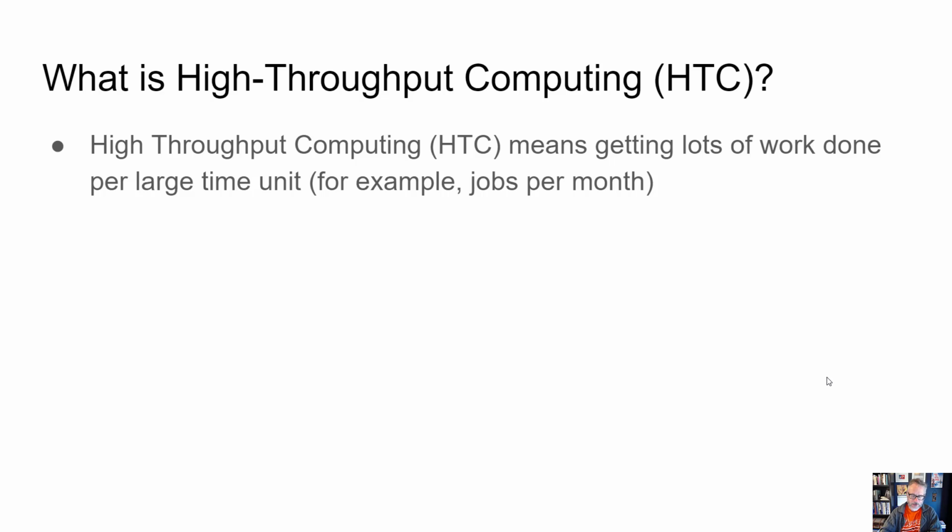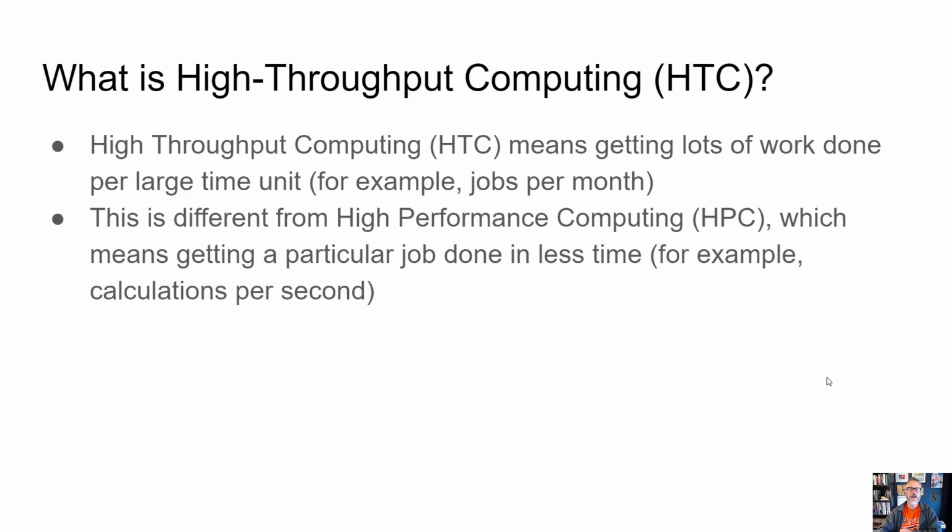So it's based on jobs or complete programs, whereas HPC, high performance computing, is all about getting one particular job done in less time. Okay, so it's more about calculations per second in HPC, whereas in HTC we're thinking about jobs per unit time frame.